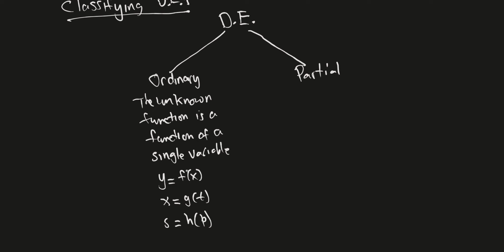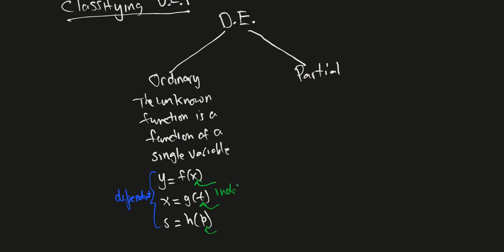So anytime you write something like this, what you're saying is that this dependent variable on this side is a function of this independent variable, right? So on this side, it implies the dependent variable. And then on this side, the x, the t, the p, these would represent independent variables.